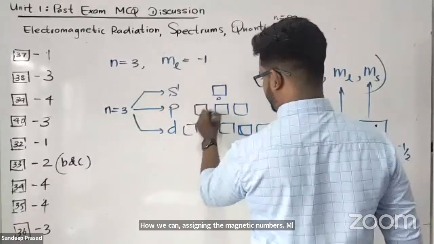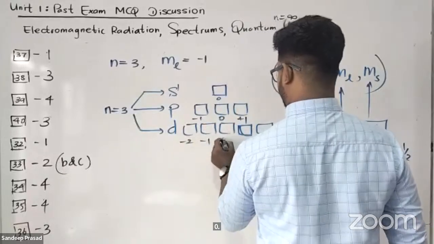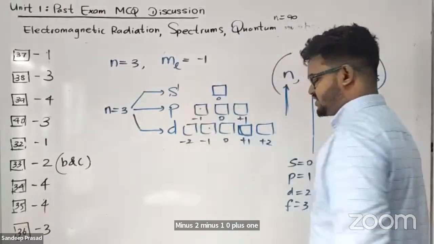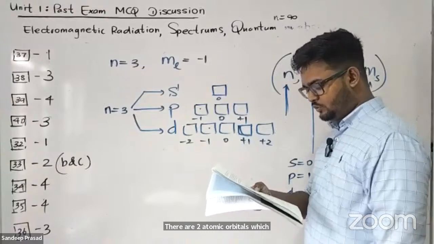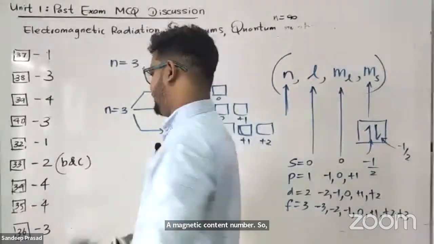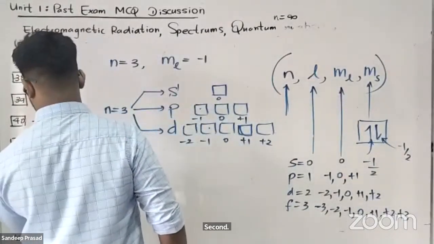Here 0; minus 1, 0, plus 1; minus 2, minus 1, 0, plus 1, plus 2. Therefore, there are 2 atomic orbitals which can represent the minus 1 magnetic quantum number. So orbitals are 2. Question number 41, answer is the second one.